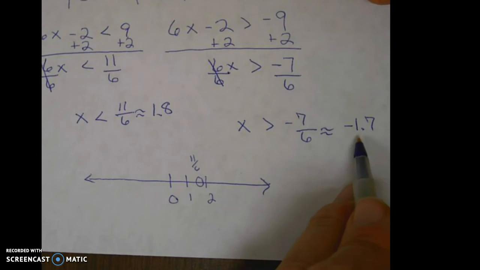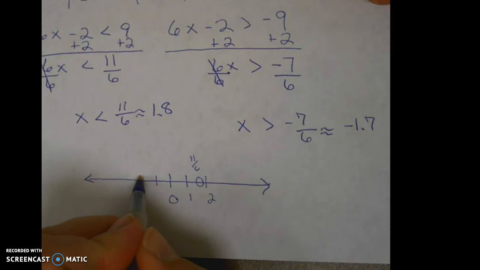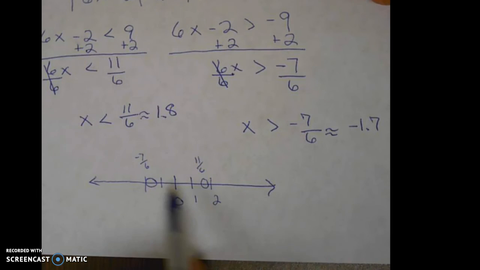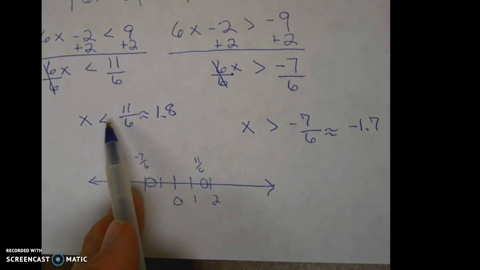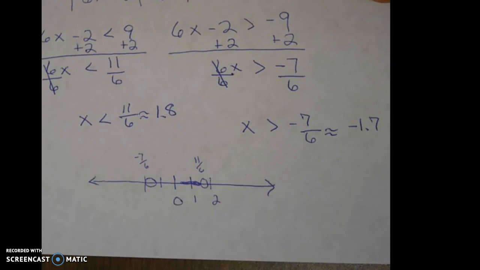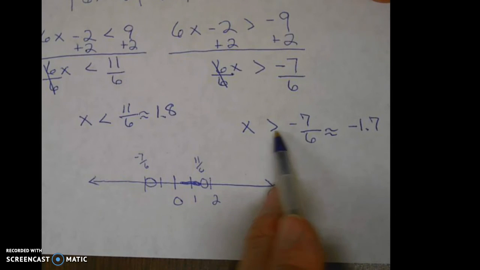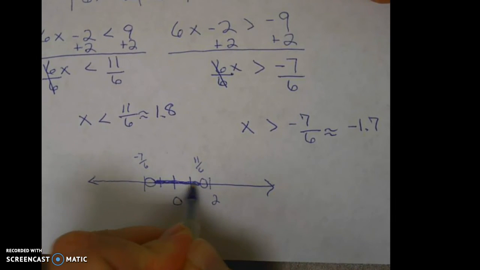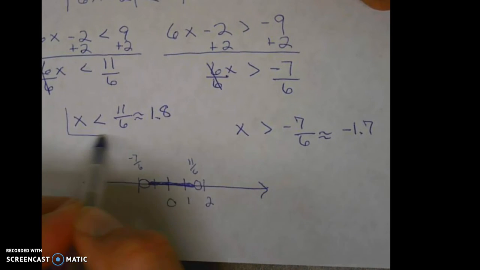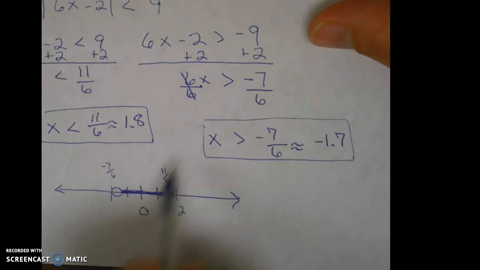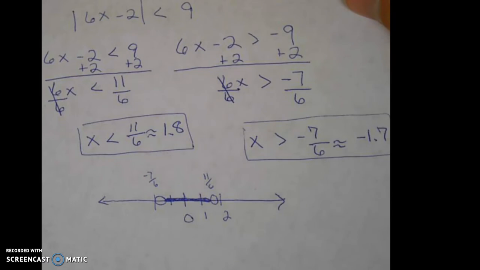And we're going to have a dot at negative 1.7. About right in here. That'd be negative 7/6. Now for the shading. Here we're going to shade less than 1.8, so that would be to the left. And here we're going to shade greater than negative 1.7, so that would be to the right. So these are our two answers, and this is the graph that represents those two answers.